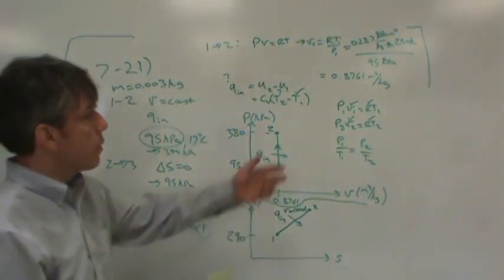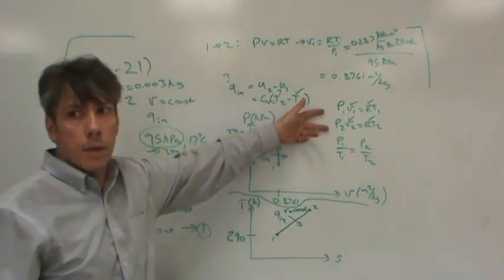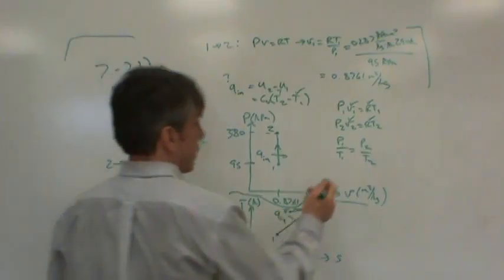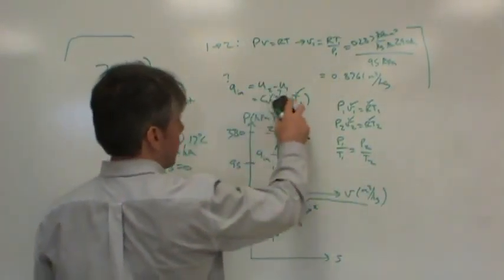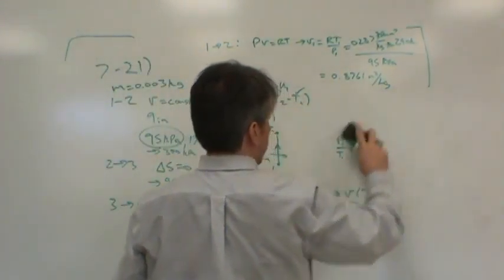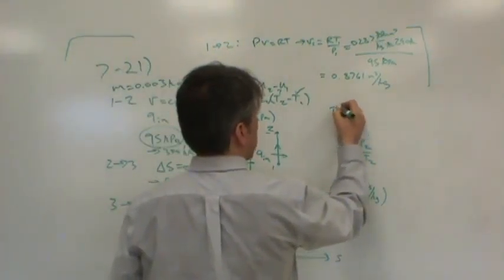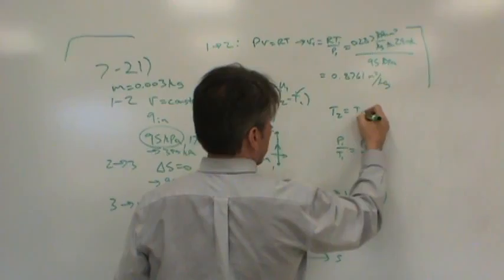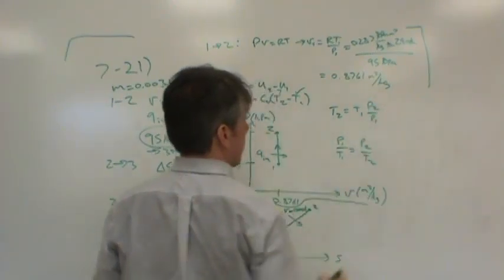Right? Just putting these two equations together. Make sense? So we could actually calculate T2. We'll use this in just a moment. In fact, T2 is equal to T1 times P2 over P1.